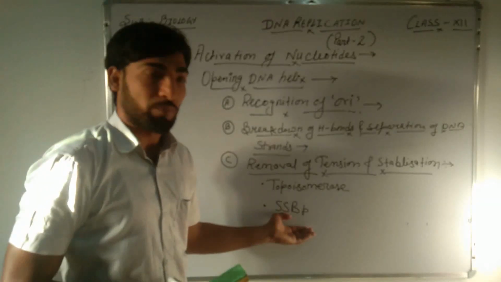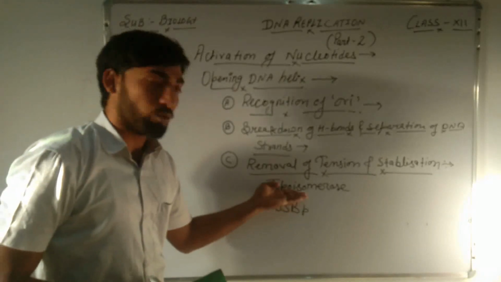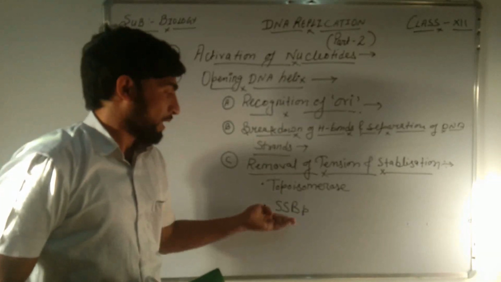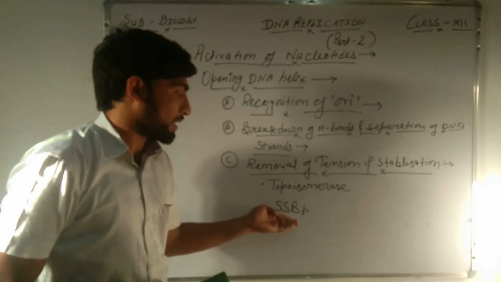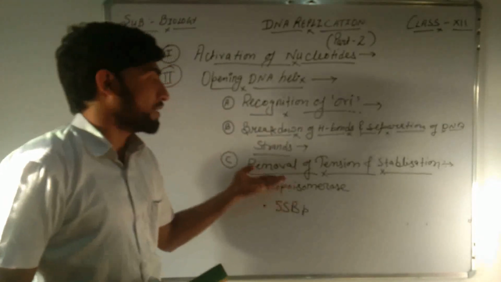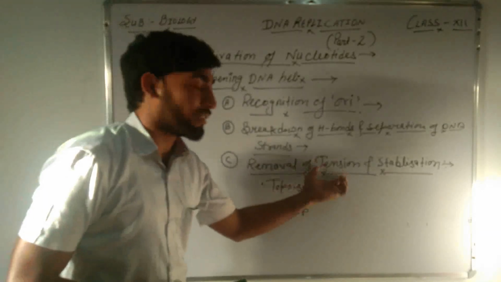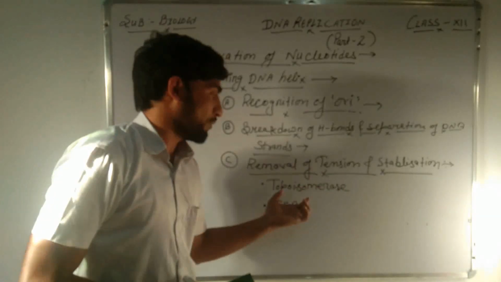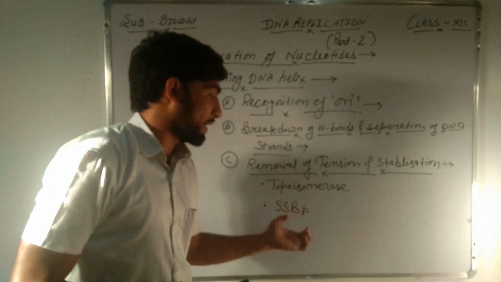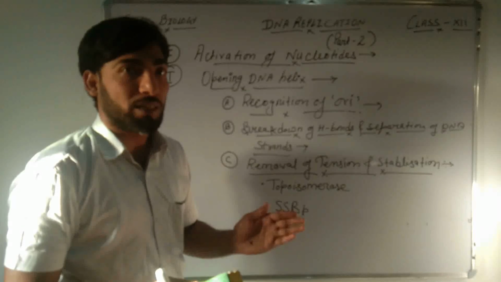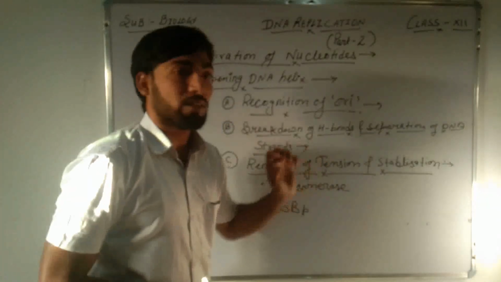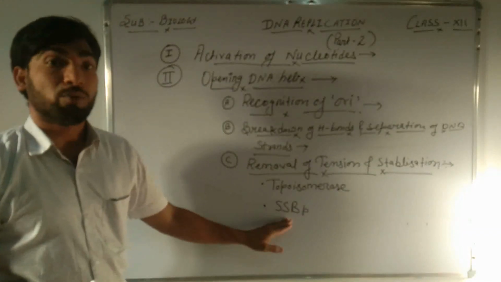So topoisomerase or DNA gyrase removes the tension or topological stress, and then the 2 separated strands are stabilized with the help of SSB proteins.